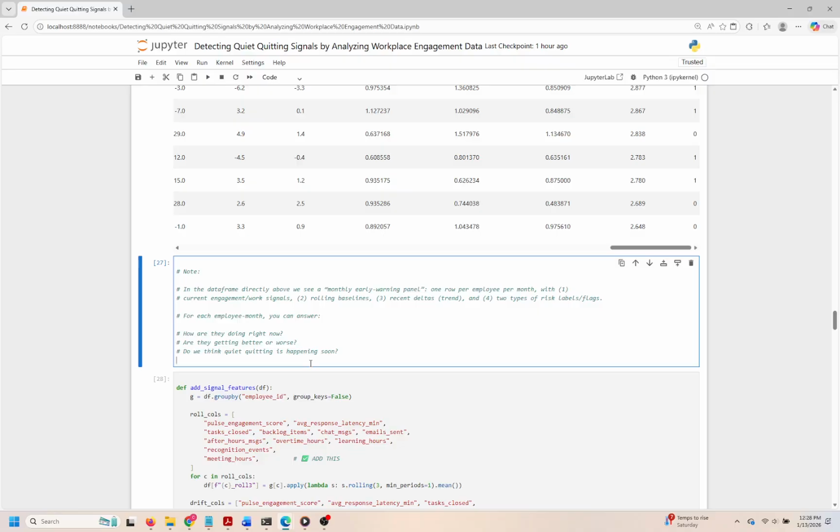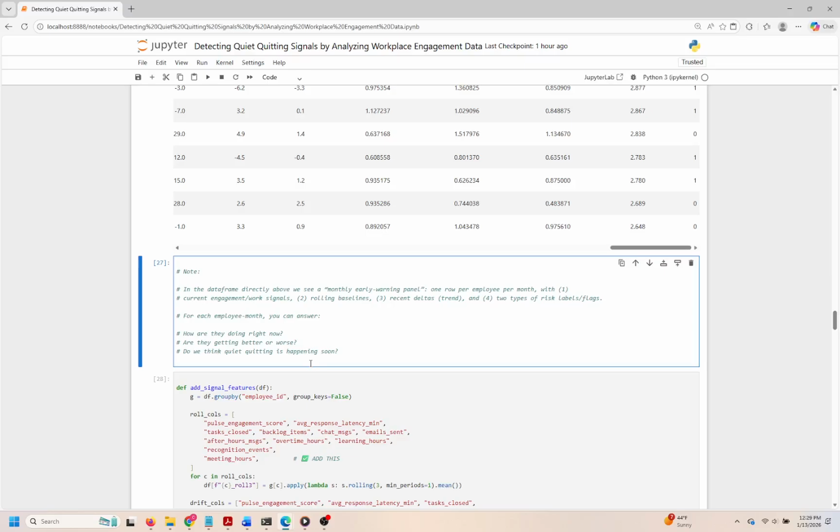Another interesting aspect of this data frame is the inclusion of risk labels, or flags, that categorize employees into different risk levels. This could point to early signs of quiet quitting, a term describing when employees disengage from their work without formally resigning. By answering questions like how an employee is doing right now, whether they are improving, and the likelihood of quiet quitting, we can take proactive measures to maintain a positive work environment.